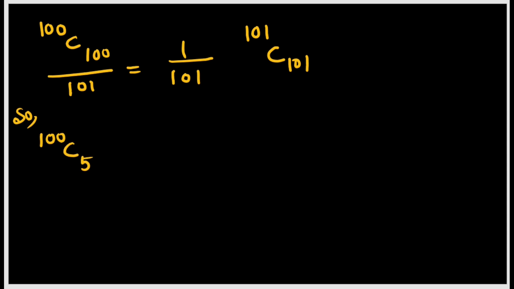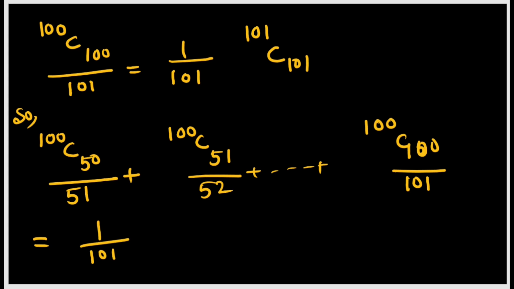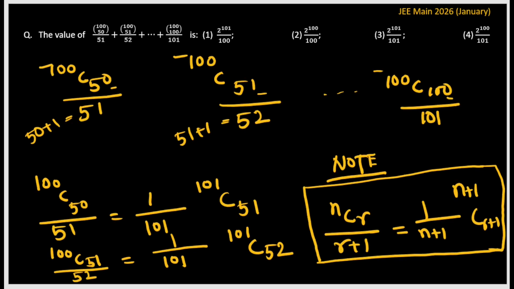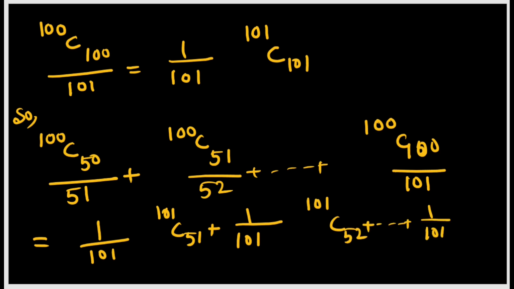So 100 C50 over 51 plus 100 C51 over 52 up to 100 C100 over 101 will be converted to: first term 1 over 101 times 101 C51, second term 1 over 101 times 101 C52, up to 1 over 101 times 101 C101.